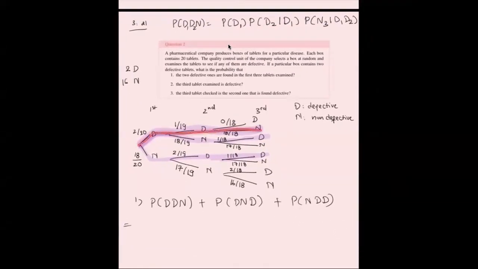So if we look at it this way, the probability of the first one being defective corresponds to this number. D2 given D1 corresponds to this number. N3 given D1, D2 corresponds to this number. Which means for each path, you just need to multiply all the numbers on the branch together. And then we have defective, non-defective, and defective, which means this one here.